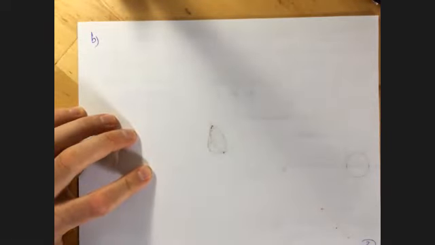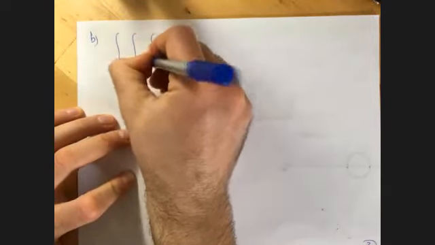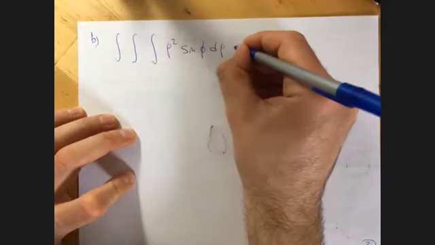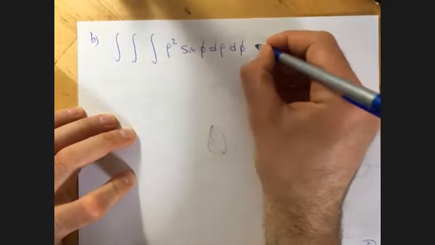Okay, so the same question: sketch the solid whose volume is represented by the following triple integral. So this is rho squared sine of phi d rho d phi d theta.